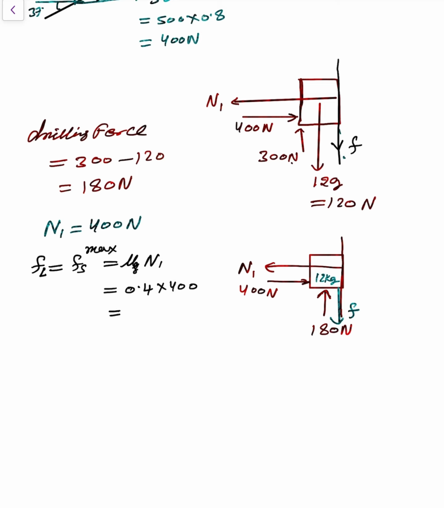So that is 160 Newton. That is FL. What about Fk? That is mu k into n1, 0.3 into 400. That is 120 Newton. Clear or not?